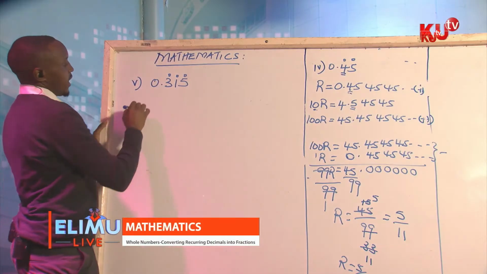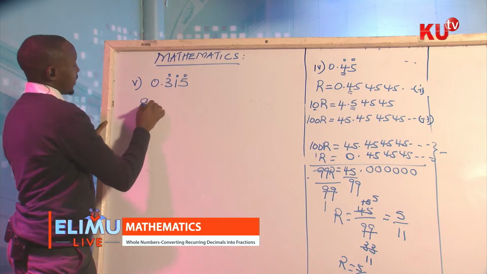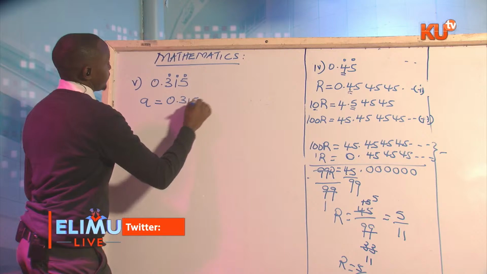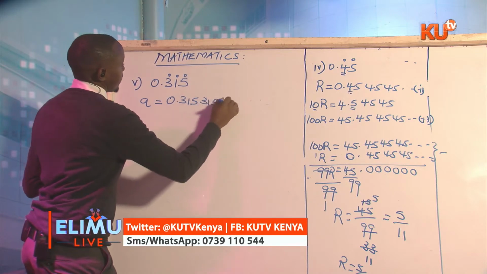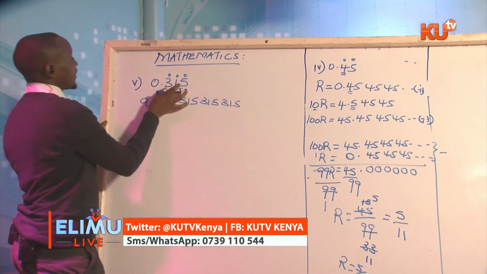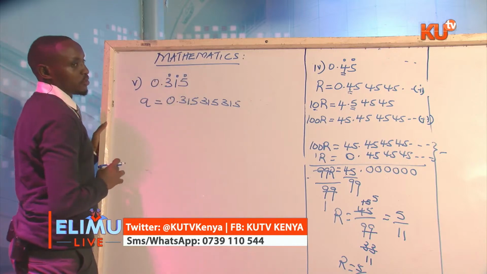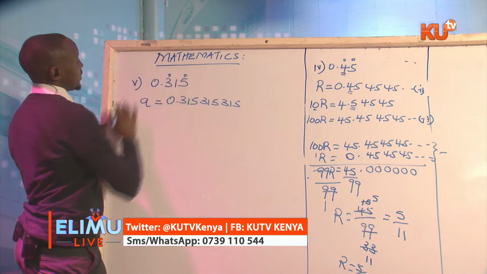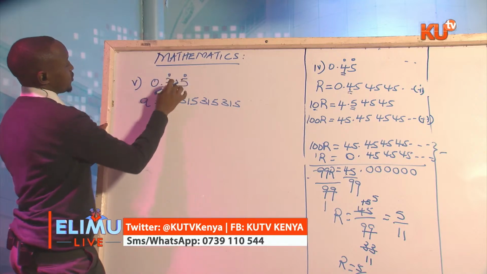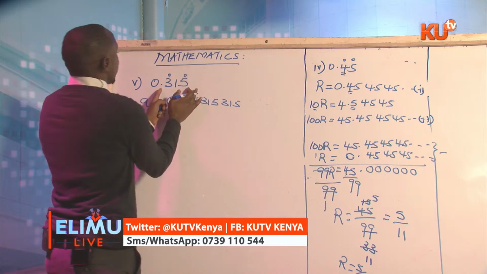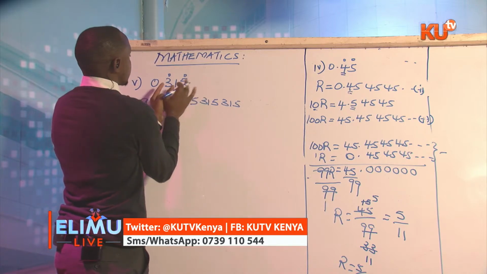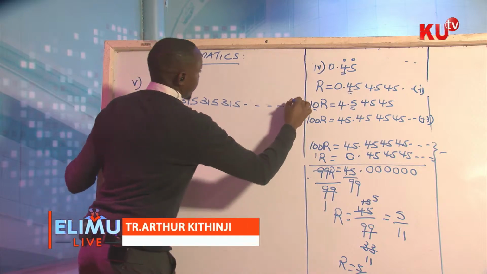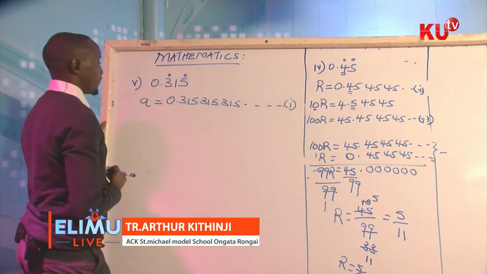That means our A is 0.315315315. What is recurring here is everything with the annotation on top of it. Some other books will show you that we write it without the annotation, but it still remains that the three digits are recurring. So you indicate it like that. That becomes our original equation.